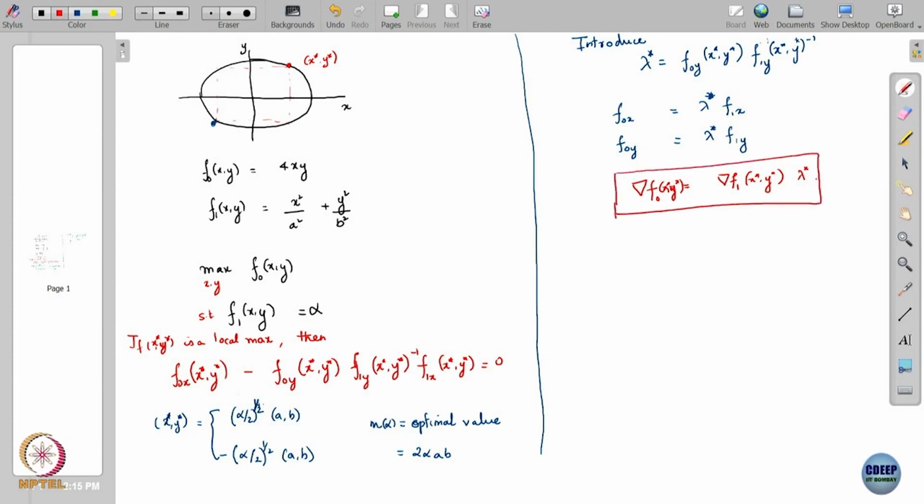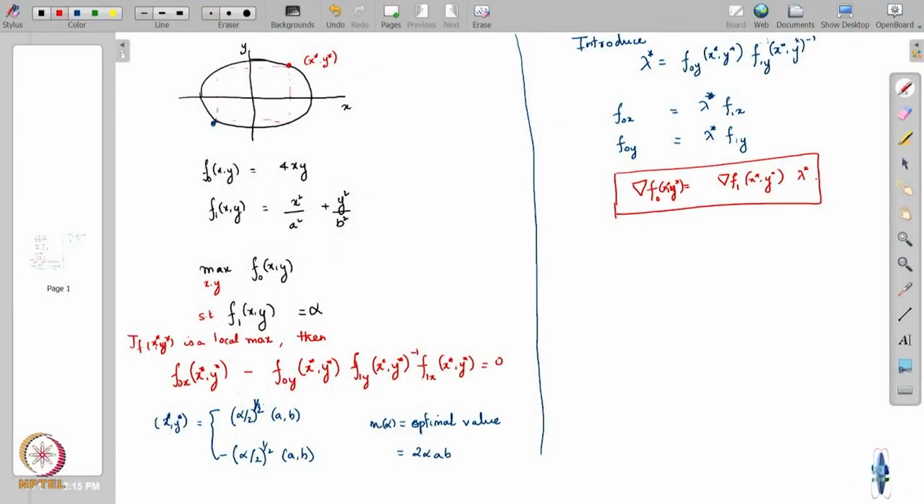So, the earlier red equation, which is kind of complicated looking, can be simplified in this form if we introduce this other quantity lambda star. Now, lambda star has an important role.